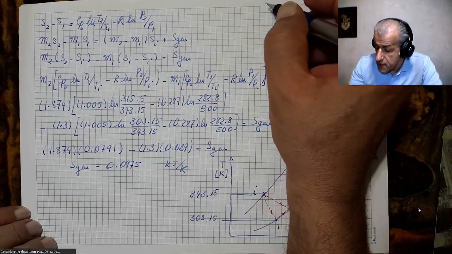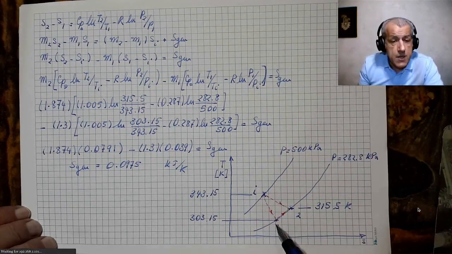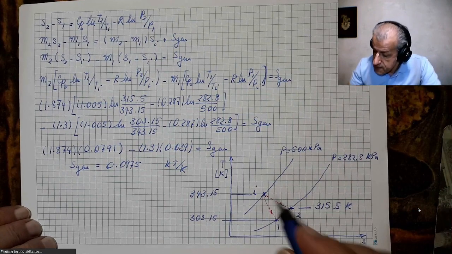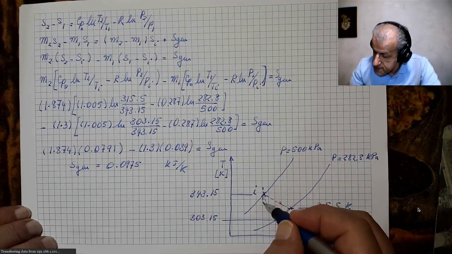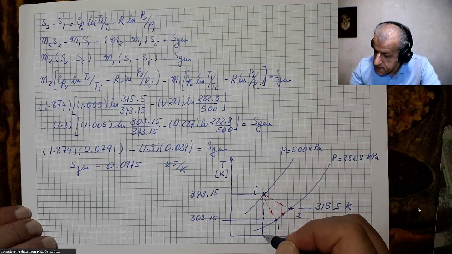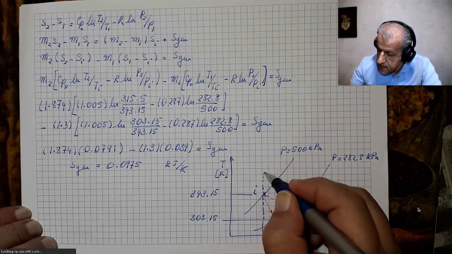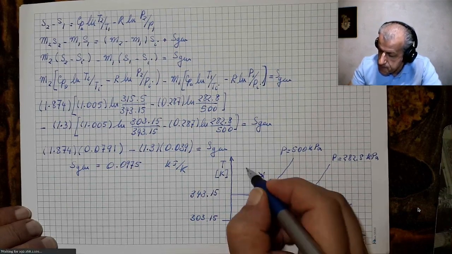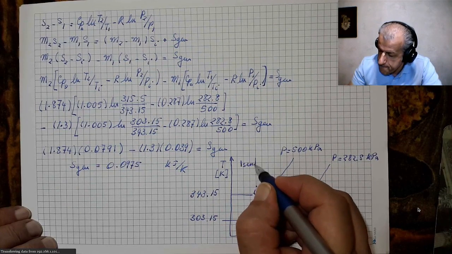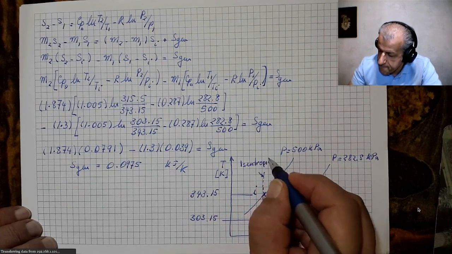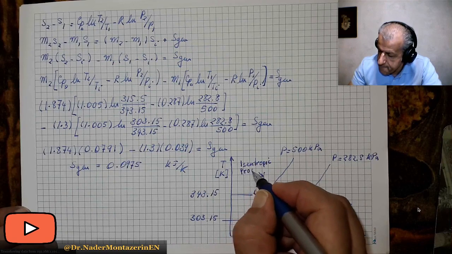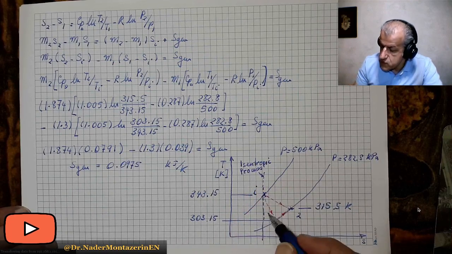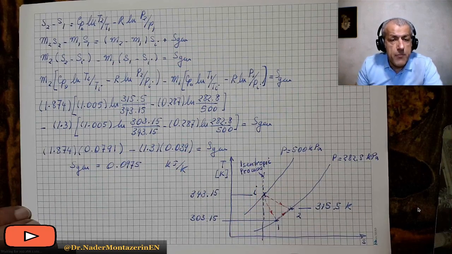For any process, these are polytropic processes. You see, this is the isentropic process, and these two processes are polytropic processes.